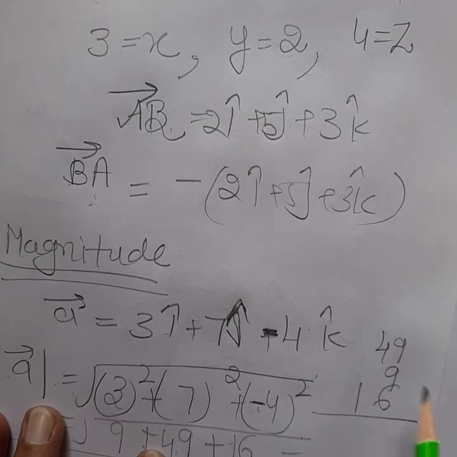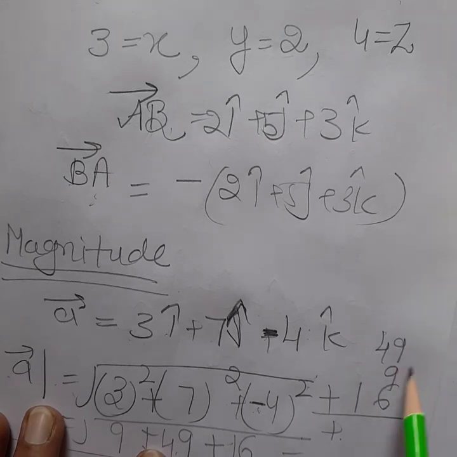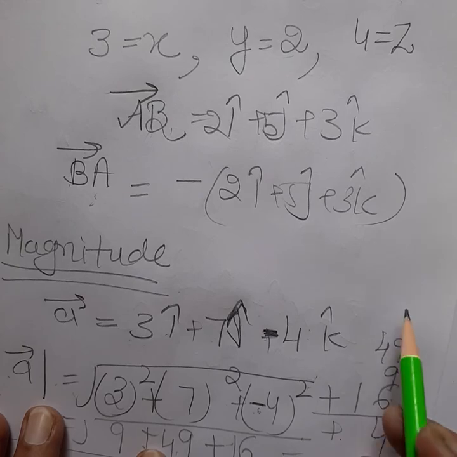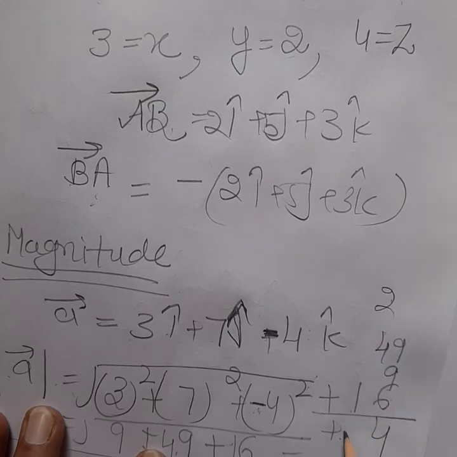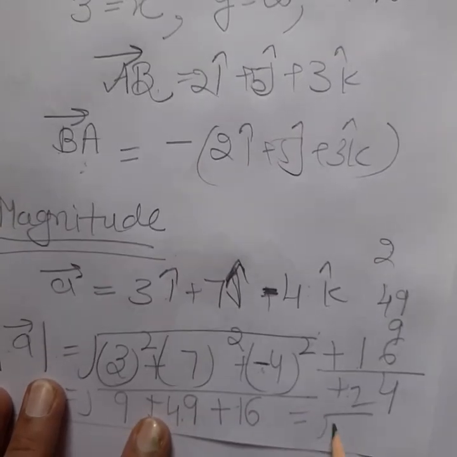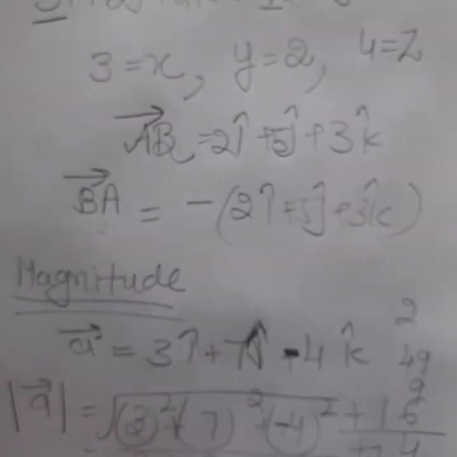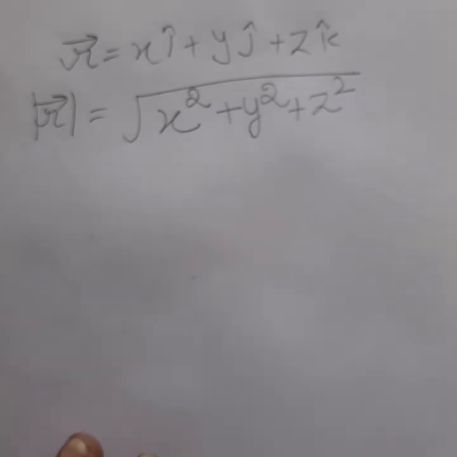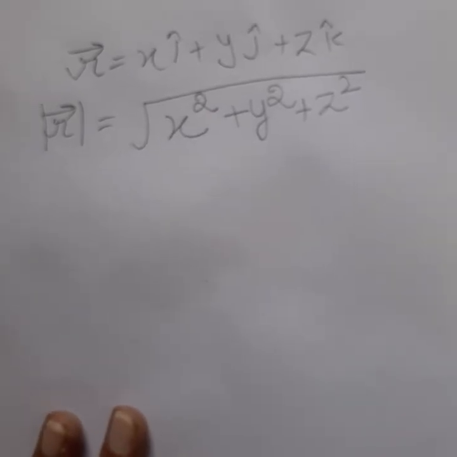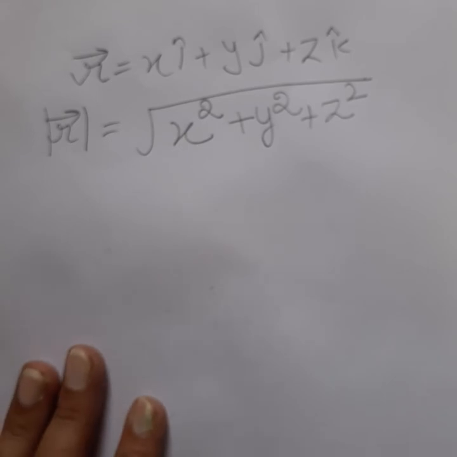After adding you get your answer, and then you get square root of 74 or whatever. So students, this is the way how to find the length of a vector, the magnitude of a vector.